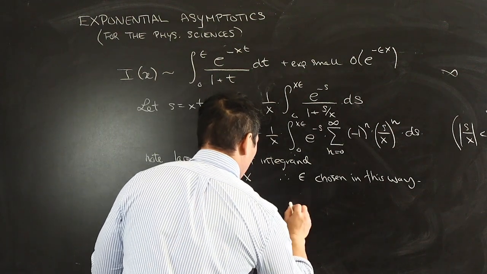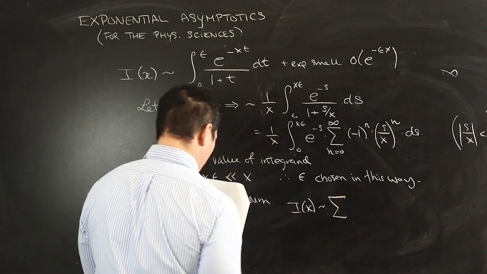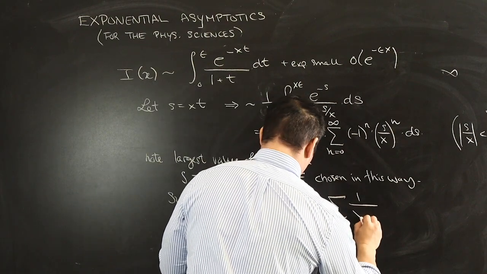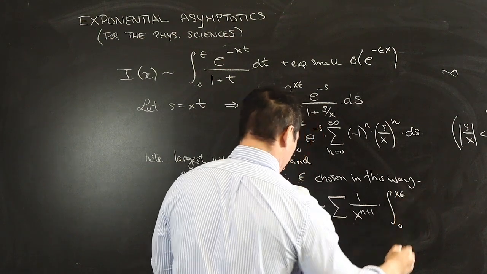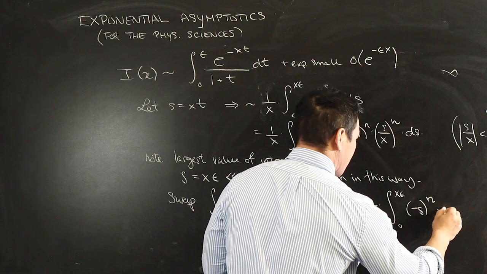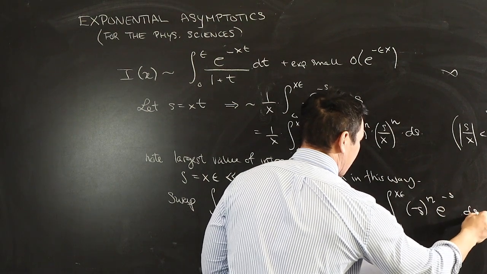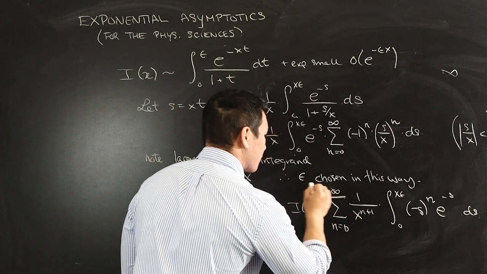Right? So you essentially have I of x now twiddles 1 over x to the n plus 1 times an integral from 0 to x times epsilon of minus s to the n times e to the minus s ds, summed from n equals 0 to infinity.